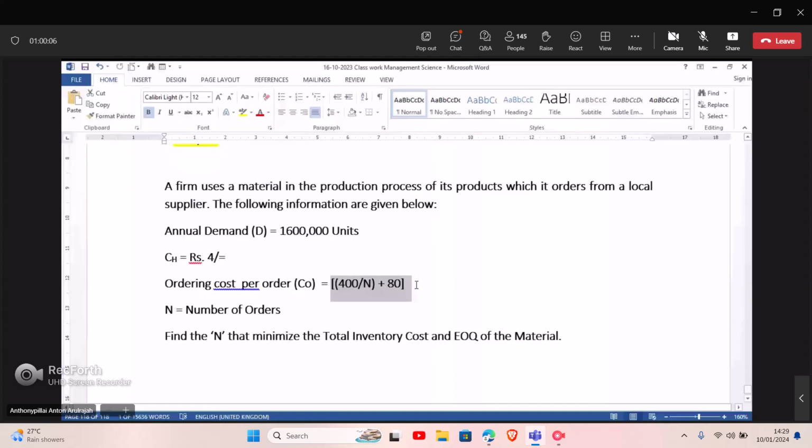I taught this model. N is the number of orders. Find N that minimizes the total cost, and the EOQ of the material. Right?